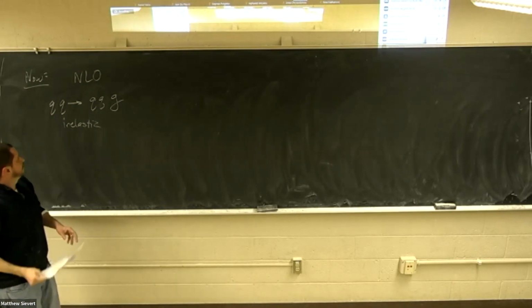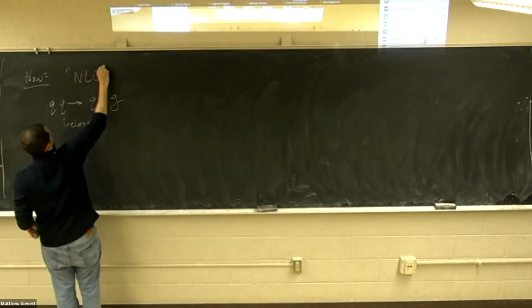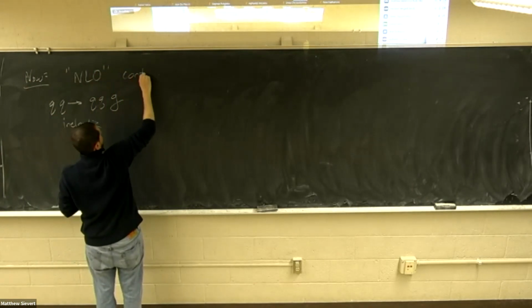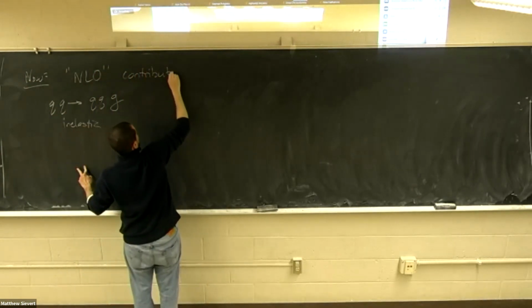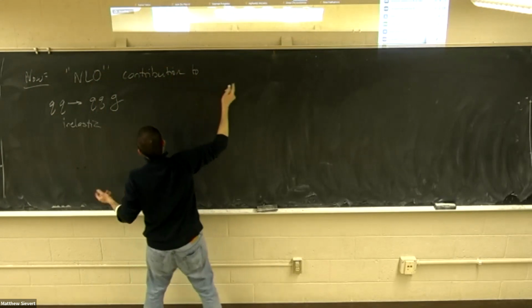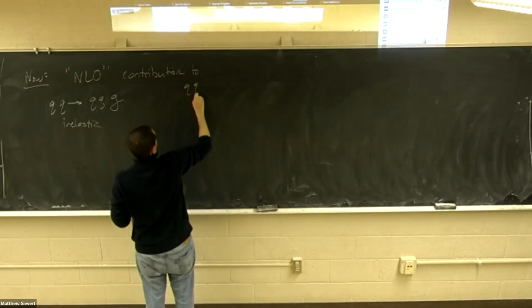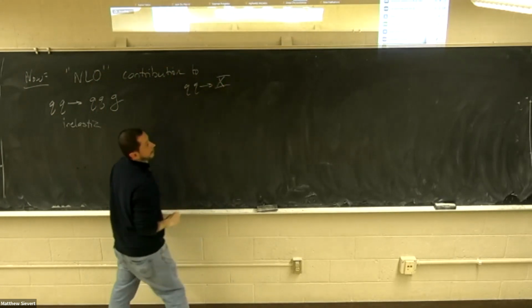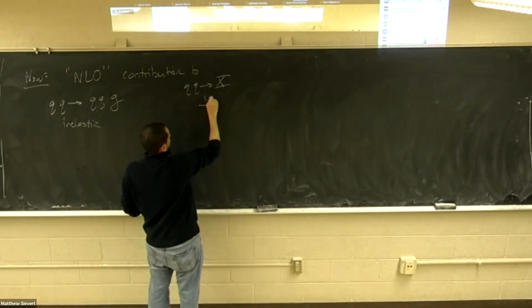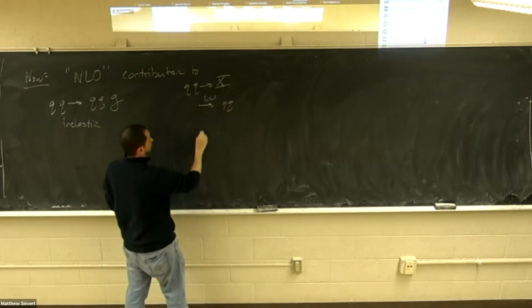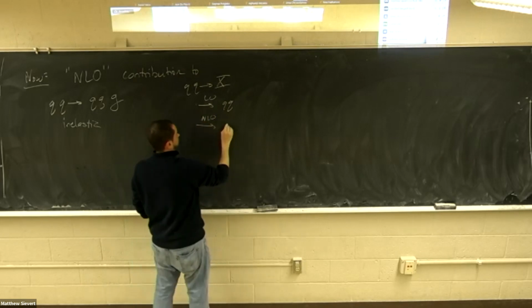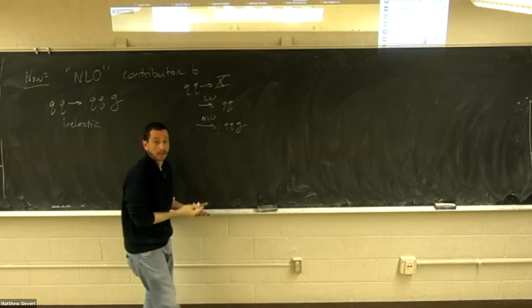I should be clear what I mean. This is NLO if I'm talking about an inclusive cross-section. So this would be the NLO contribution to, say, quark-quark goes to anything, where at lowest order, the final state contains quark-quark, and at next to leading order, the final state can contain quark-quark glue.